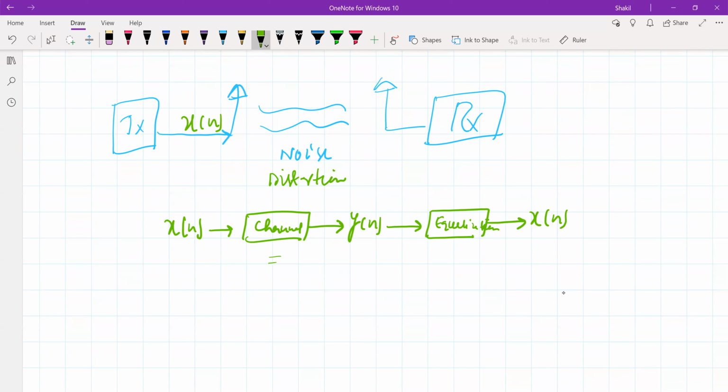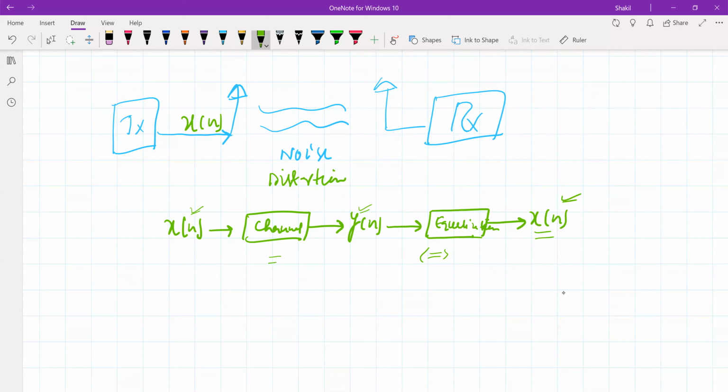This is how we can represent it in terms of systems. The channel introduces some distortion, meaning it performs some operation on the transmitted signal, and we get this signal at the receiver. To recover the transmitted signal, we perform an operation referred to as equalization at the receiver.